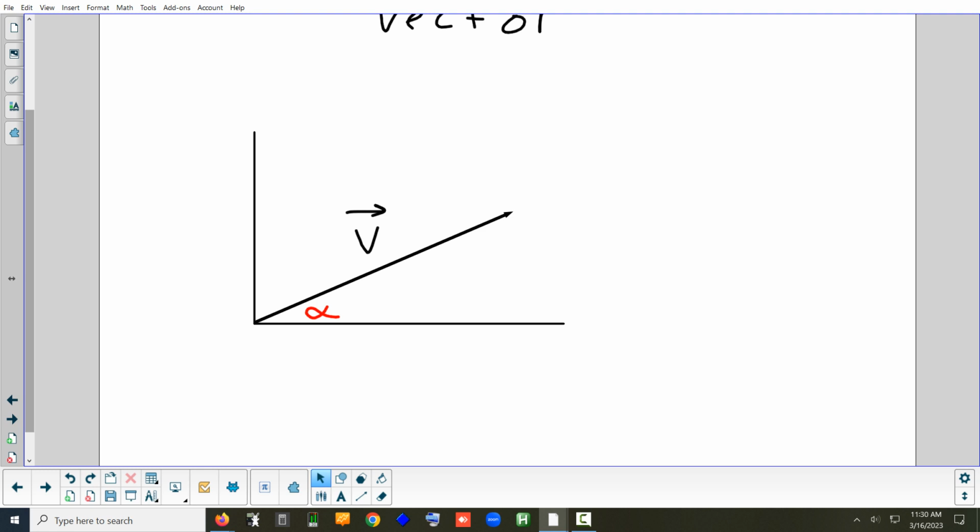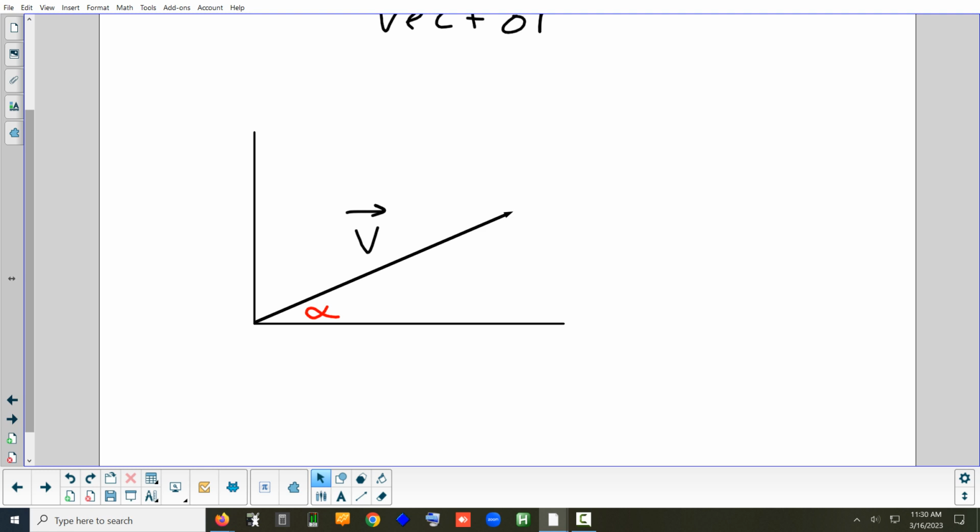That's the direction. Now, the magnitude of this arrow represents what, if this is a velocity vector? Yeah, the magnitude is represented by the length, which is the speed. So those are the two things that you need to know to write something as a velocity vector.